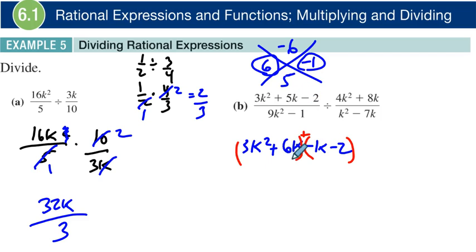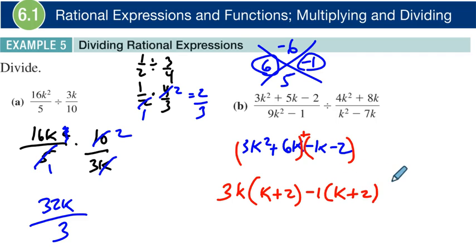Okay, so if I factor the first term right here, 3k squared plus 6k, they both have a 3 in common and they have a k in common. Okay, so 3k times what is k squared? Well, it's k. 3k times 2 is 6k, so it's going to be plus 2. Great. Here, they both have a -1 in common, so if I factor that out, I get k plus 2.